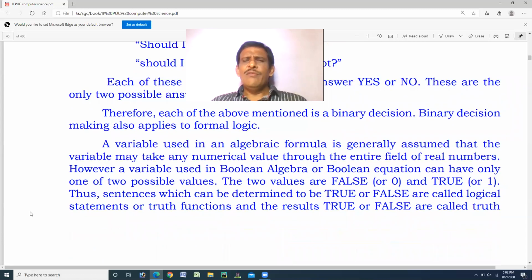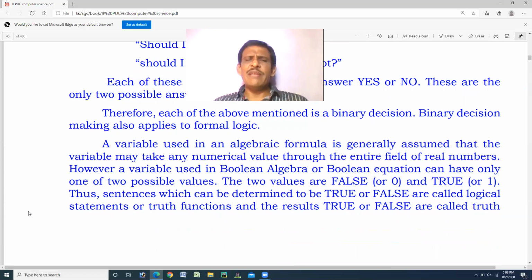A variable used in an algebraic formula is generally assumed to take any numerical value in the entire field of real numbers. We know that a variable is a quantity which can change during the execution of a program. That's why a variable may have any numerical value.